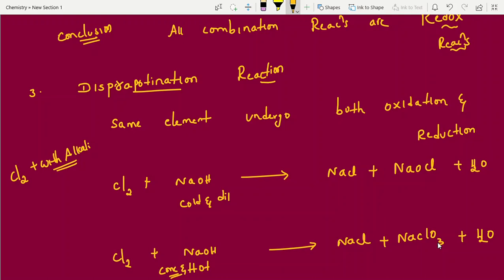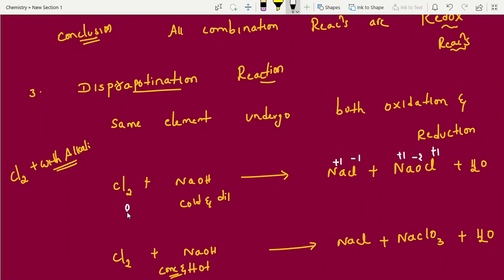See, one more logic I will tell you here. First, we are going to calculate the oxidation state. This is the elementary state, 0, and here chlorine in NaCl is Na plus 1, Cl minus 1. This is minus 2, plus 1, plus 1.